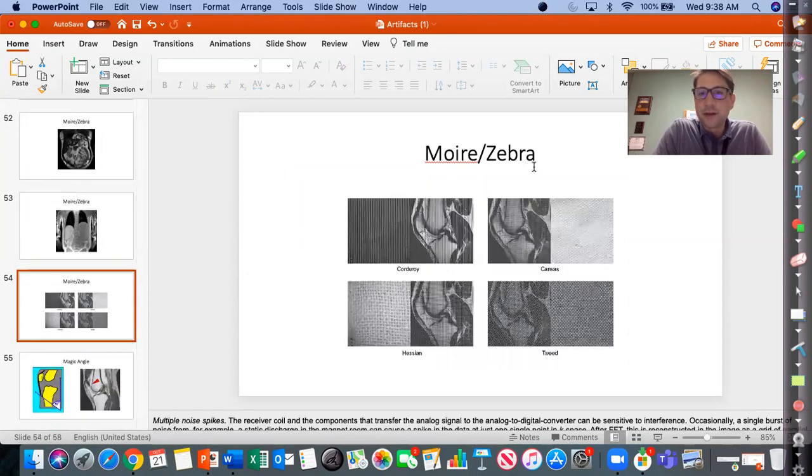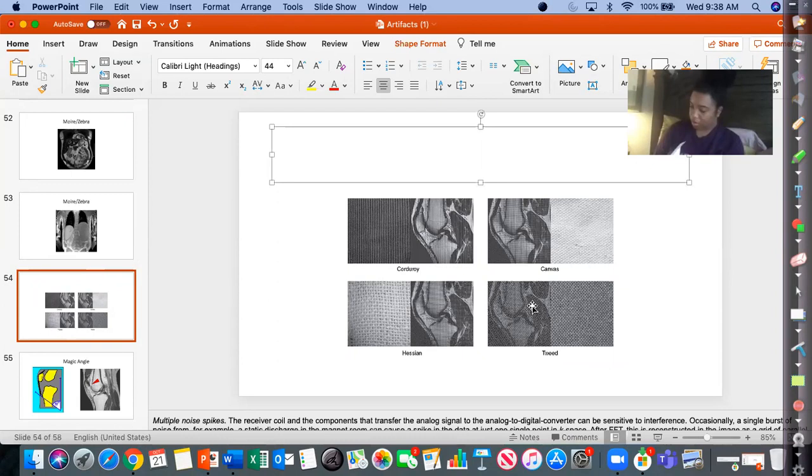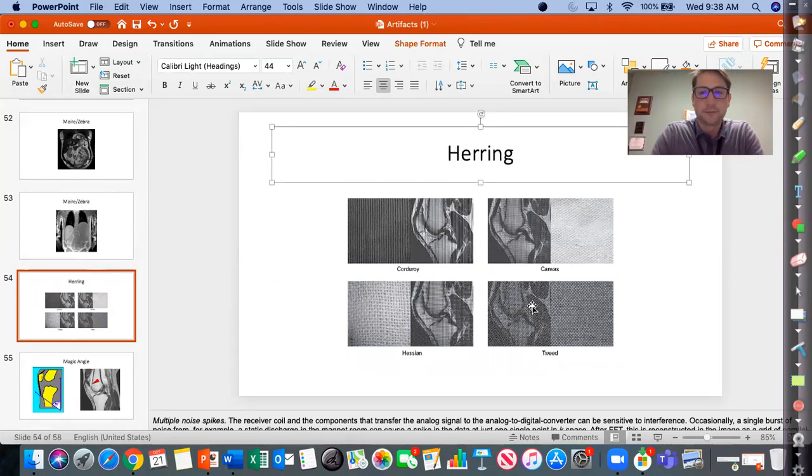And then this one right here, I labeled it wrong. Which one should this be? Not moire or zebra. What has this fabric appearance to it? Herringbone. Nice, herringbone. Good.